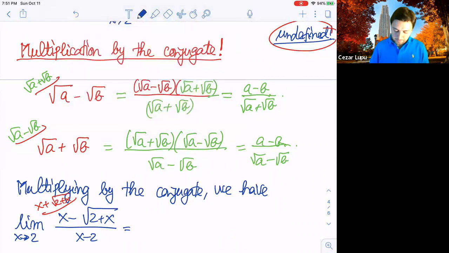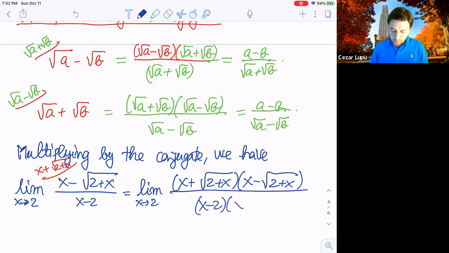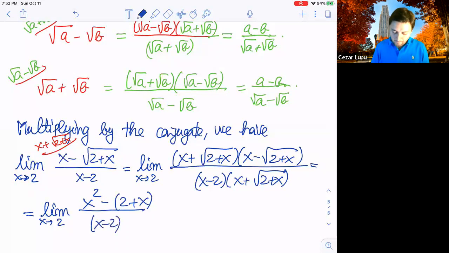And this will be equal to the limit as x approaches 2 of x plus square root of 2 plus x times x minus square root of 2 plus x, everything over x minus 2 times x plus square root of 2 plus x, which is, and now, the limit as x approaches 2, these two guys will give me x squared minus 2 plus x, everything over x minus 2 times x plus square root of 2 plus x, right?